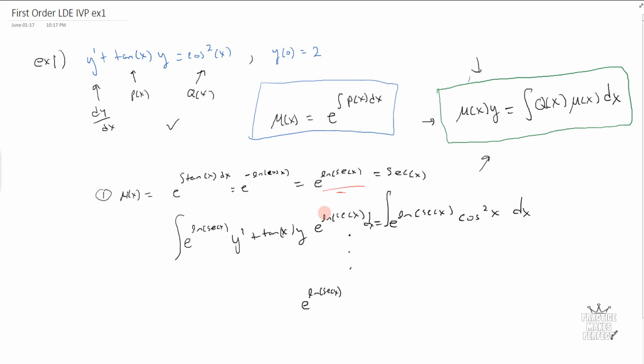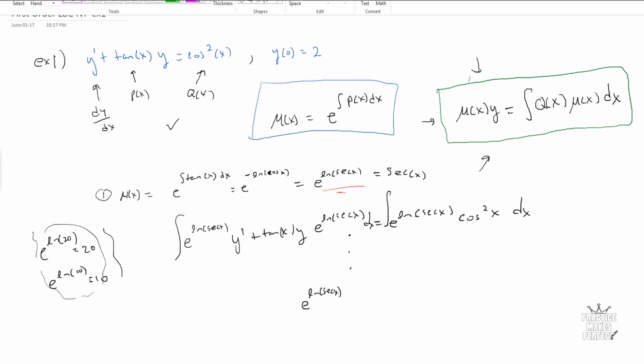How? Just look at my previous video. For example, e to the power ln 20 is 20, and e to the power ln 10 is 10. So these are some little exponential expression laws. So e to the power ln secant of x is the same thing as secant of x, and I don't even need to write that again.